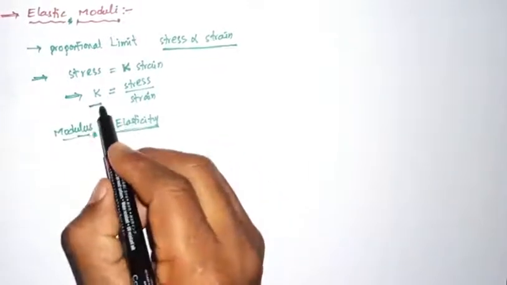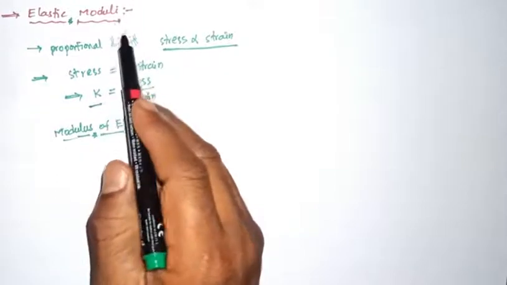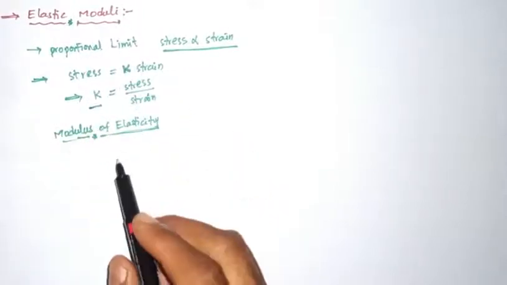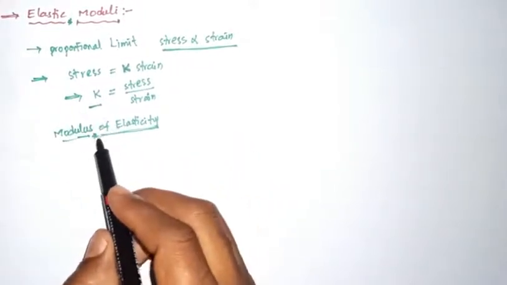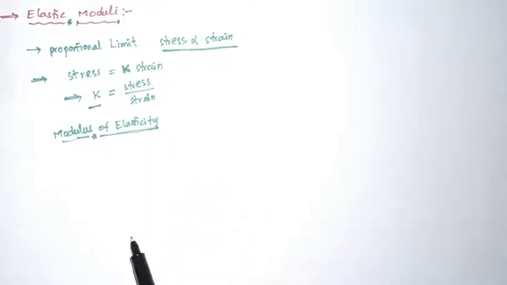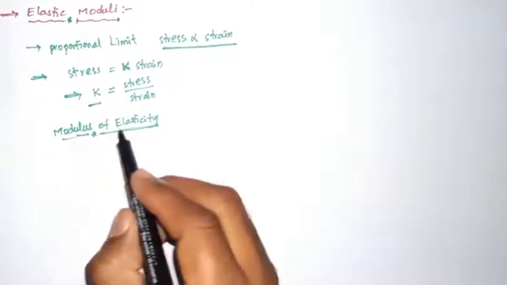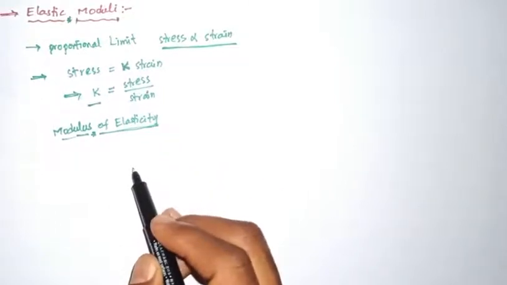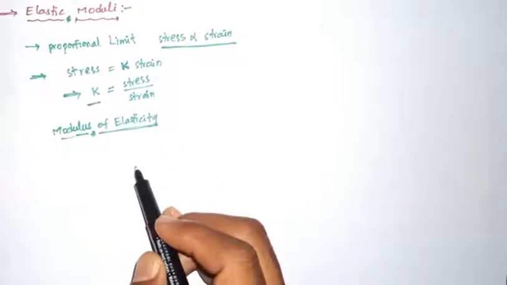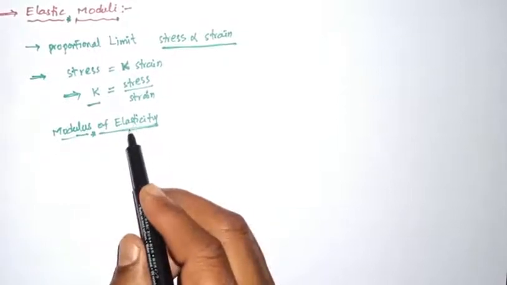This K is called the elastic modulus, or the modulus of elasticity. It is a characteristic of the material, so the modulus of elasticity depends upon the material.